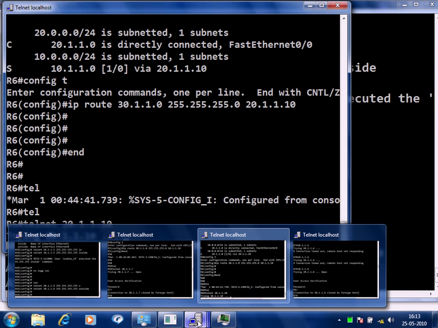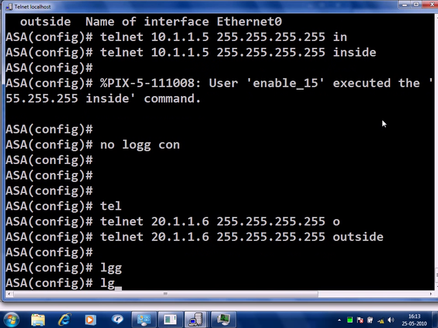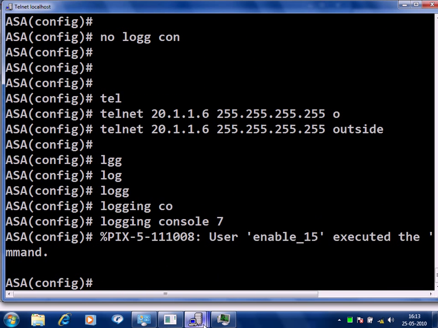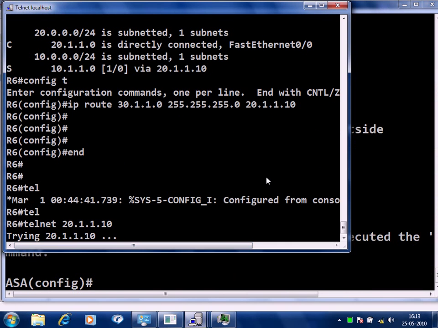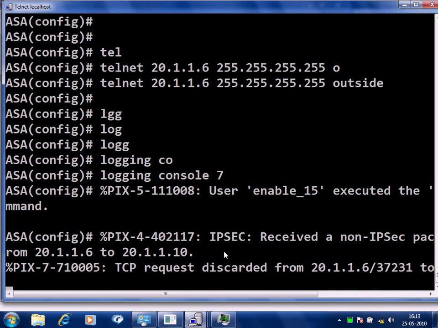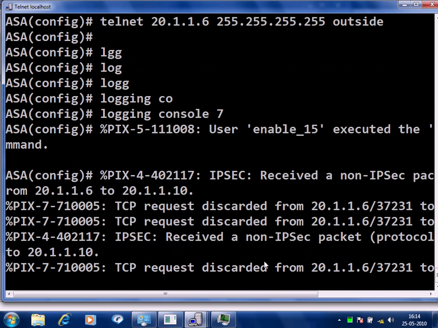This is outside. If you enable, let's say, logging console 7, you see: TCP request discarded. Discarding and denying have two different meanings.